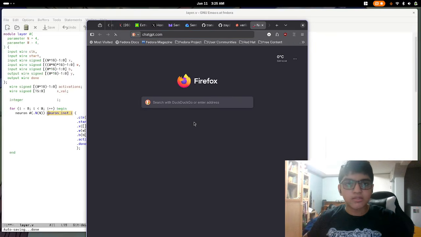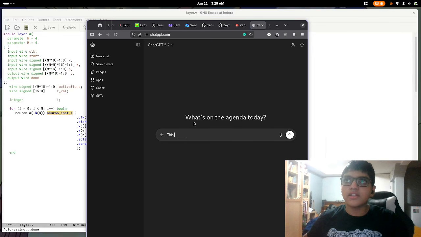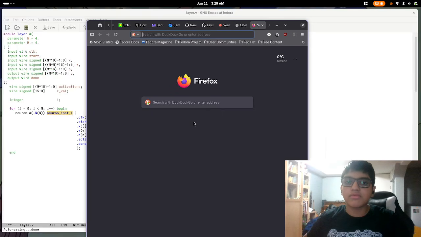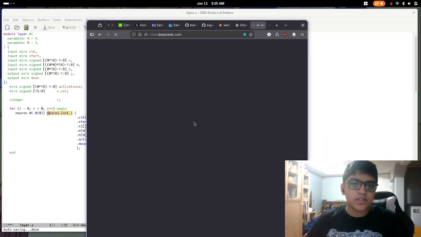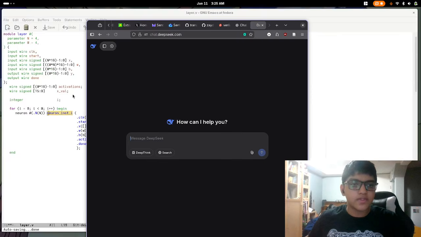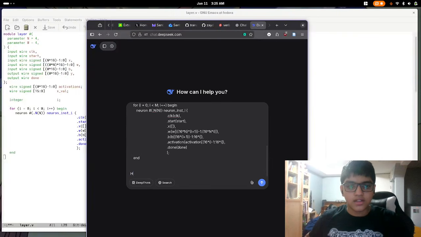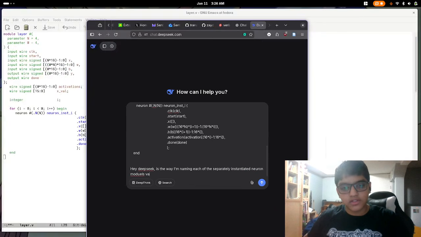Let me ask ChatGPT actually. This is for DeepSeek. Hey DeepSeek, is the way I'm naming each of the separately instantiated neuron modules valid?